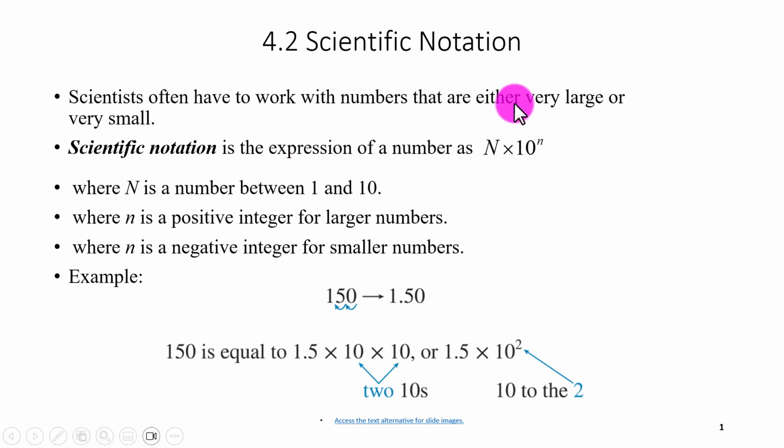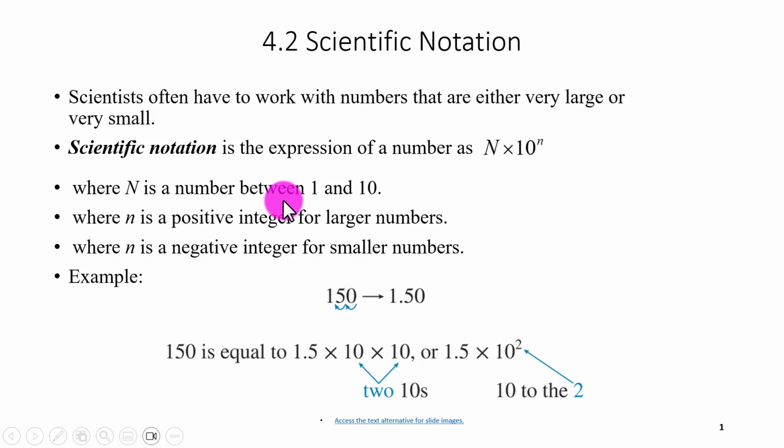Here's the expression of a number in scientific notation. So here's my number multiplied by 10 raised to a certain power. In this scientific notation, my number has to be between 1 and 10.